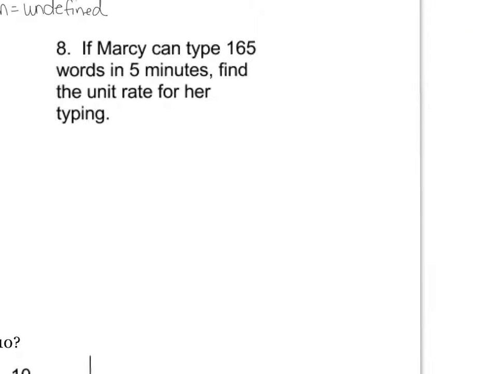And in this one, here is the question. If Marcy can type 165 words in 5 minutes, find the unit rate for her typing. This doesn't seem like a slope question, but we could take the time and we could graph that information. We could figure out on the x and y axis 5 minutes, 10 minutes, and we could graph that.